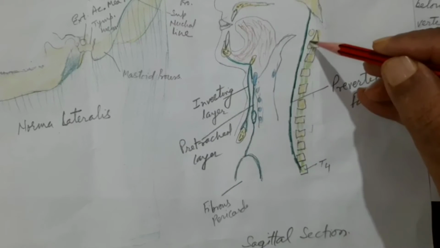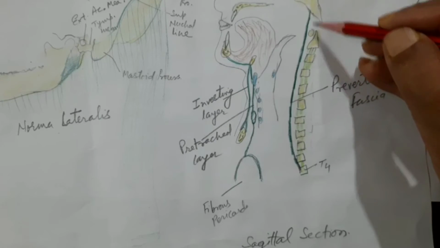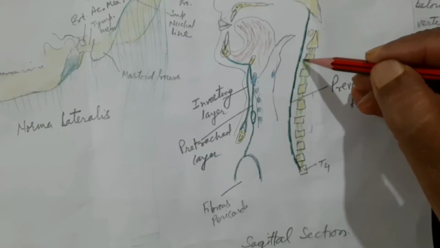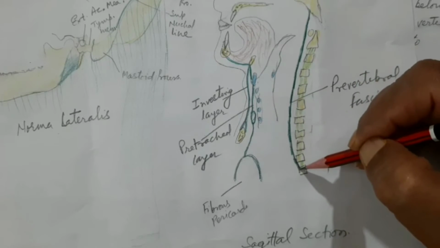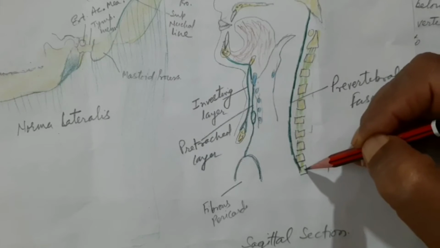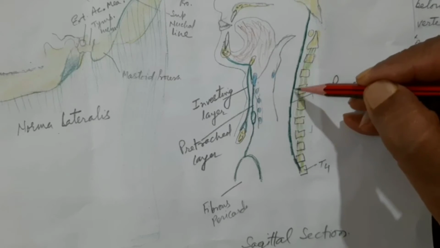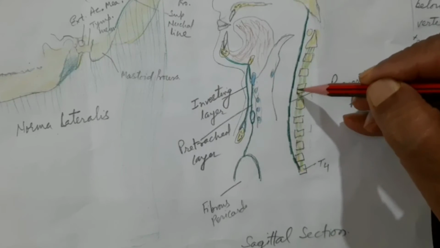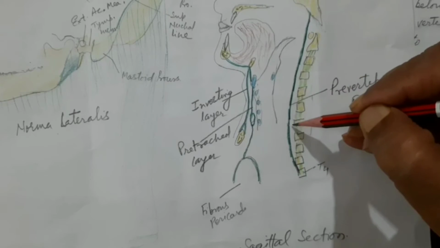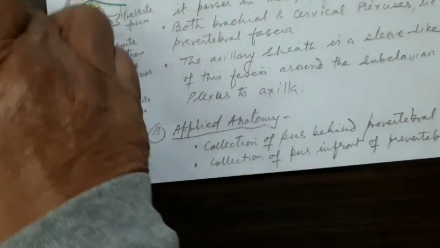of pus, and this pus, if it is collected here, cannot go beyond the base of the skull upward, so it will trickle downward, and in the lower part it will be limited at T4. It may form a collection of pus anywhere in the midline, but it may also spread laterally, deep to this prevertebral fascia.